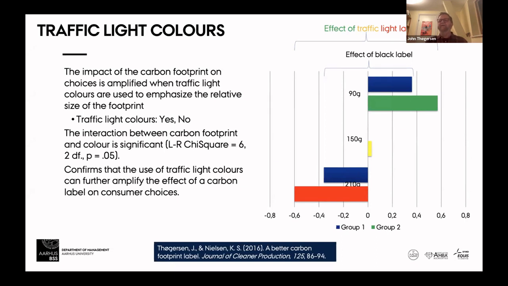So people preferred the low carbon label much better, and they disliked the high carbon label much more when they got that relative assessment that was communicated by the traffic light colors. And that kind of effect of giving relative information has been shown in several other studies as well, that consumers are much better at processing relative information than absolute.